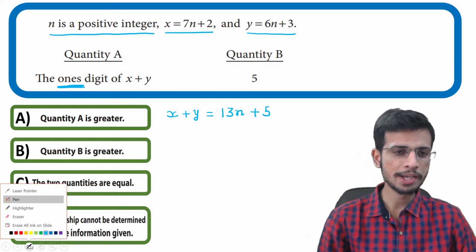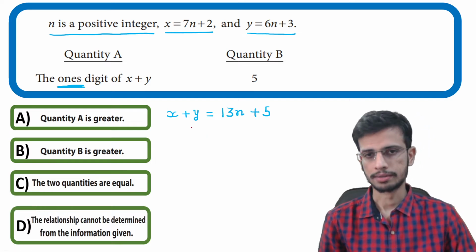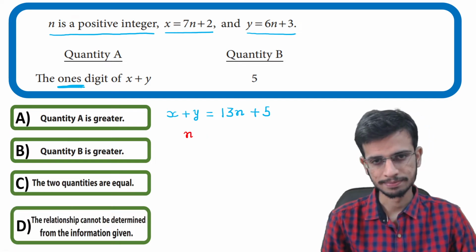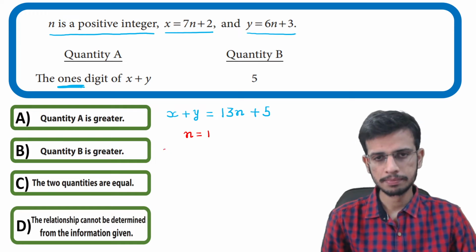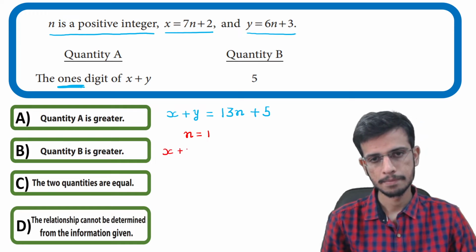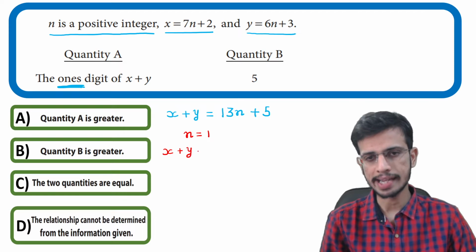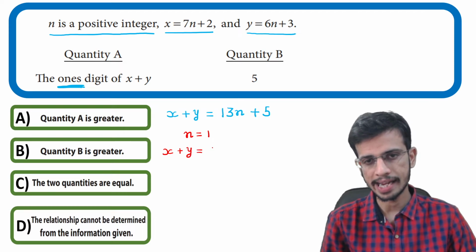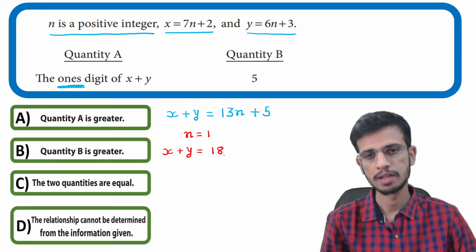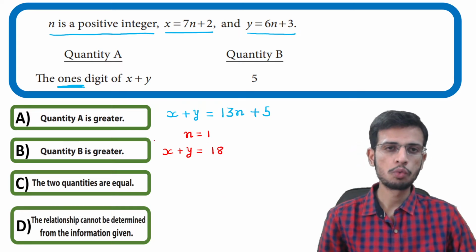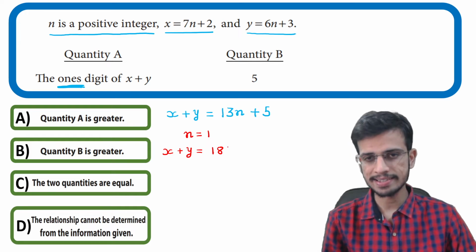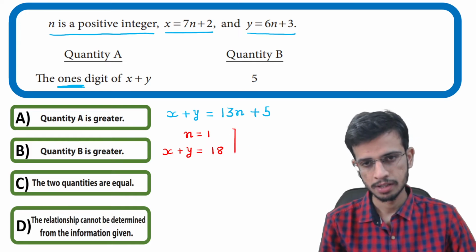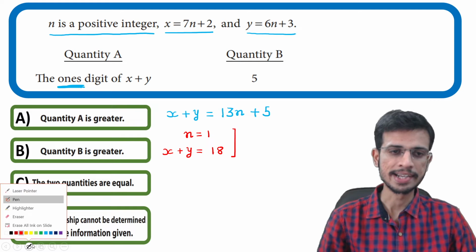We have to compare quantity A with quantity B. So let us put n equal to 1. Then x plus y will become 18. And we have to find the units digit of x plus y.